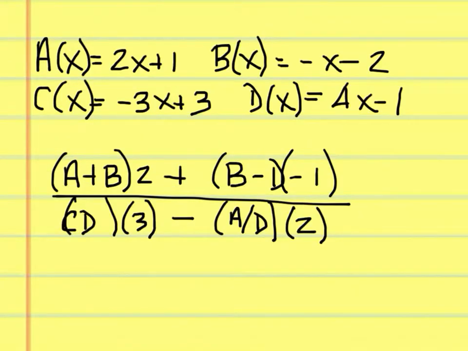Your first move on this would be to simplify this item in here. And if you look at the 2, which is missing a set of parentheses, there we go. You're going to put 2 in for the a function. When you do that, putting 2 in for this function is going to be 2 times 2 and then plus 1. That's going to give me an answer of 5.